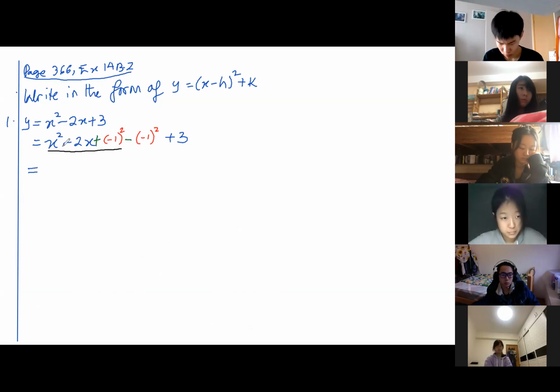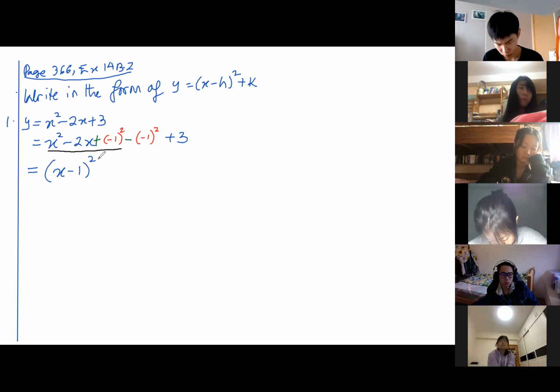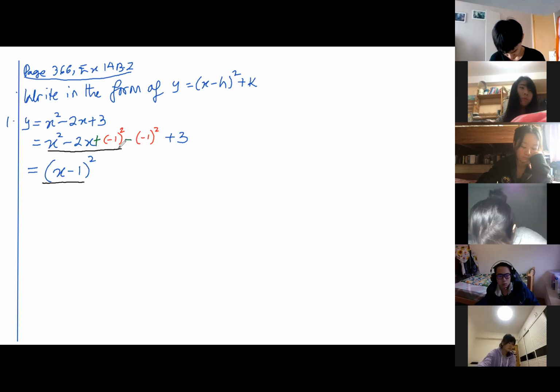Okay, so this first one gives x minus 1 squared. It's usually x, and if this is positive, you have positive; if this is negative in the bracket, you have negative. So this is the first one, the 1, okay? Then the rest will follow.